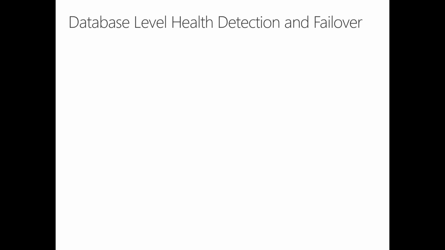And the next one which we also enabled is direct database level health detection. So earlier, in earlier versions of SQL Server where we had failover availability groups enabled, and we had a few databases added to the availability group, there was no way to track if something went wrong at the database level to ensure that the availability group was failed over to the secondary, right?